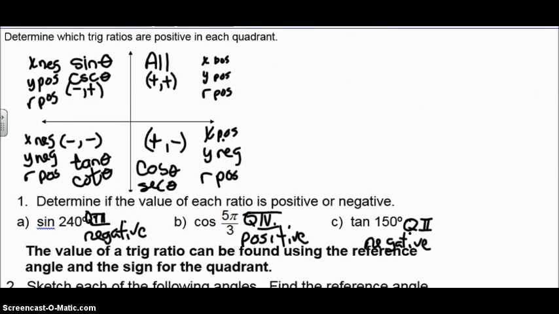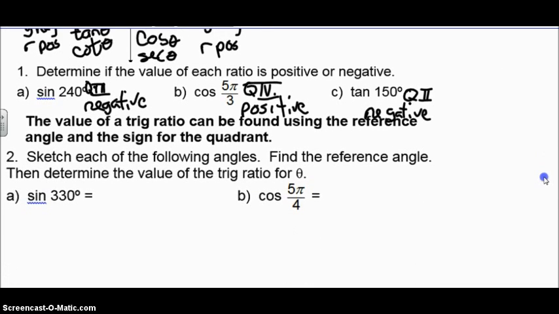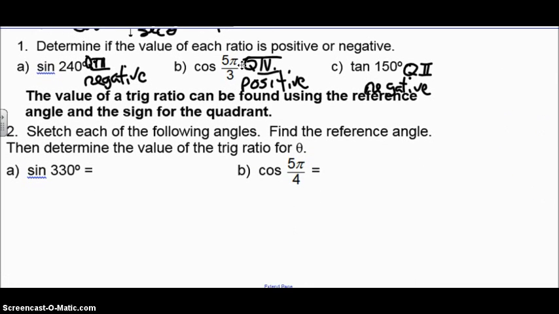Okay, so let's scroll down just a little here and take a look at some examples. All right, in this first example, it says sketch each of the following angles, find the reference angle, then determine the value of the trig ratio for theta. Okay, so start off by sketching. Okay, and 330, we start here at the x-axis, come around, 270, 330, we're going to end up down in the fourth quadrant.